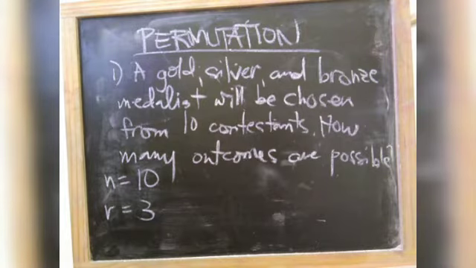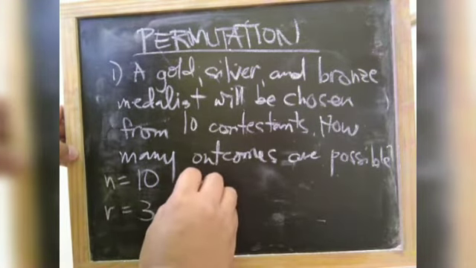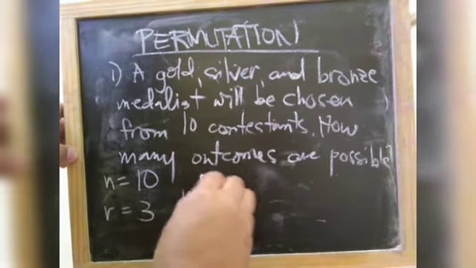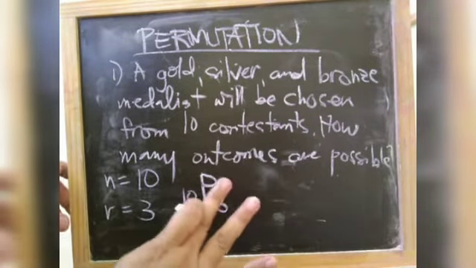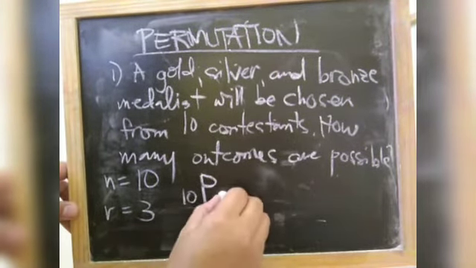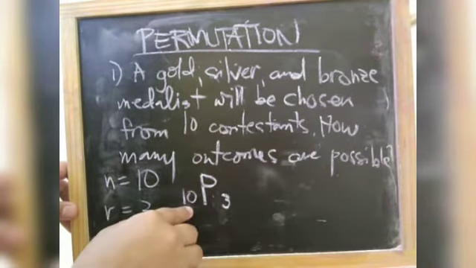Okay? Ayan. So, writing it in formula, it would become 10 permutation 3. So, ganyan siya isusulat. By the way, again, it should be written in small subscript.